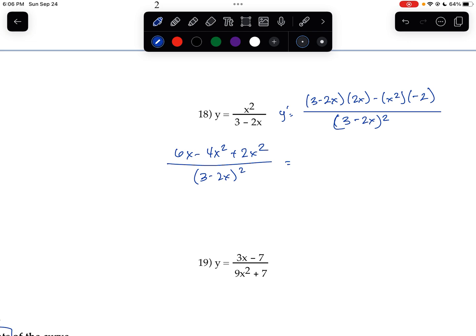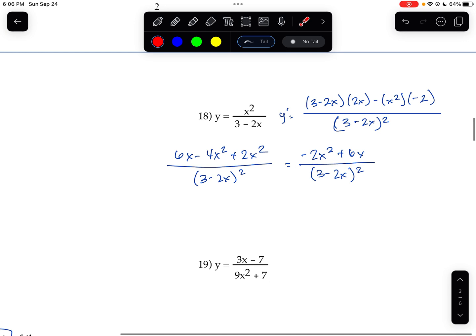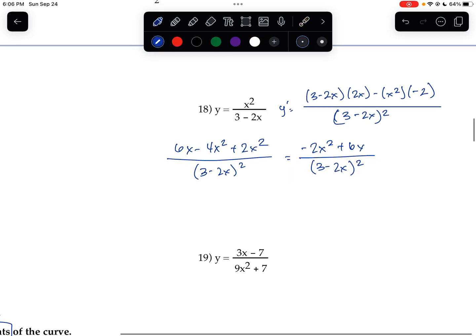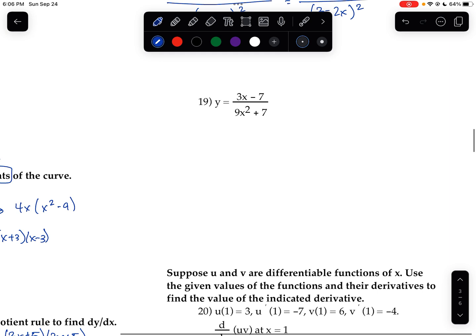If you simplify that numerator, what you get is negative 2x squared plus 6x divided by 3 minus 2x squared. And I don't think you can simplify that. You could try and take out a 2x from both these terms, but I don't think that will help us simplify the numerator at all. So I think I would just leave it there.